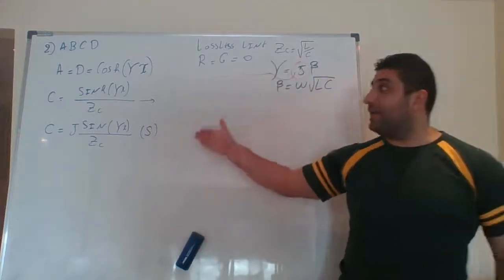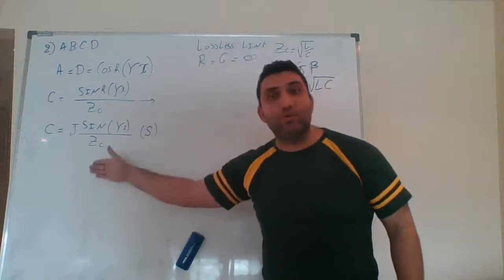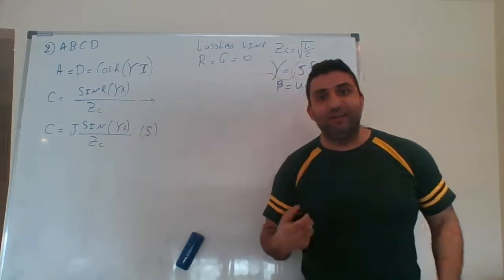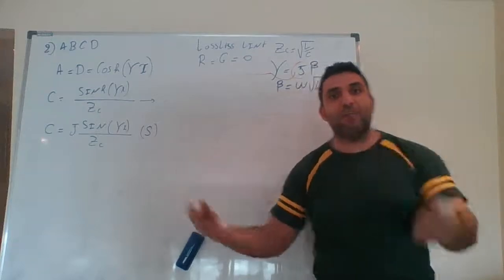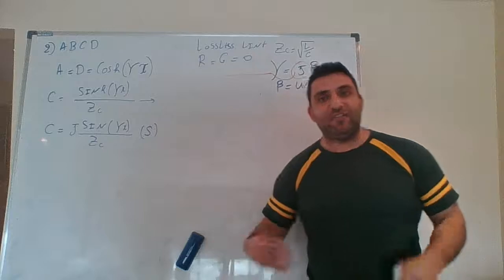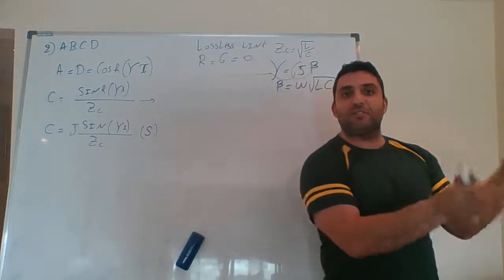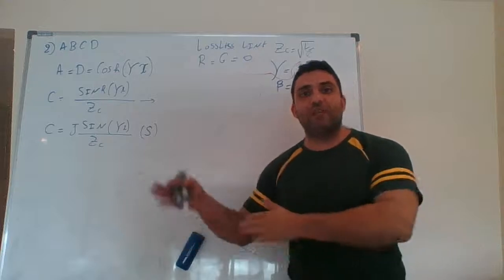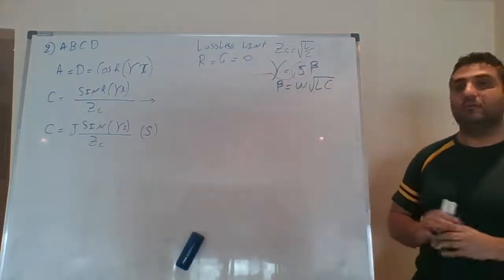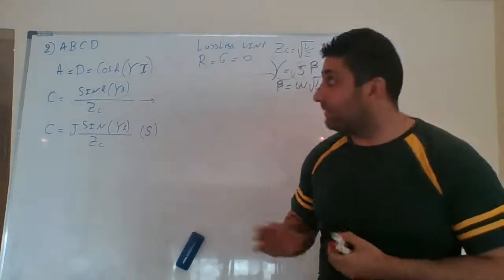That's why I can use these simplifications from hyperbolic to normal sine or cosine to have a quick calculation of my transmission line performance. After I decide this is acceptable, when I want to go into the detailed design and analysis of the transmission line, I use computer-aided software. Is that clear, guys? Okay.